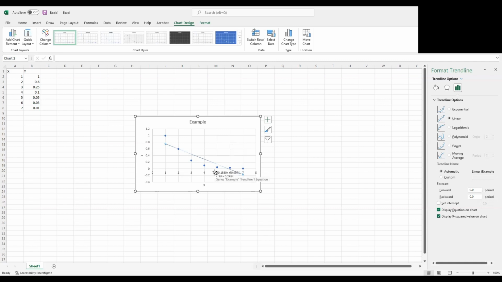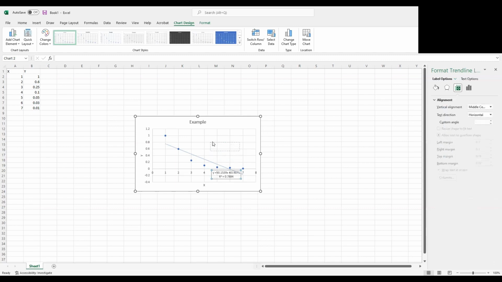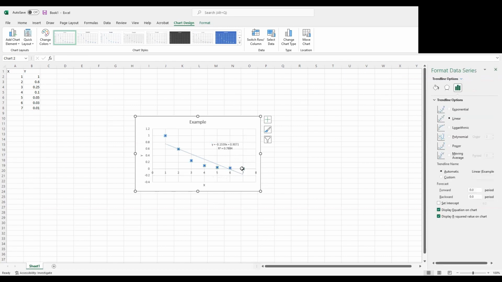R square gives you an idea of how good your equation is describing the data set. Of course, this is not really a good option. A linear option here is not really good. So we can just pick another trend line.